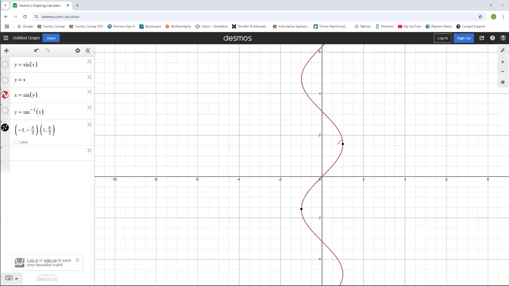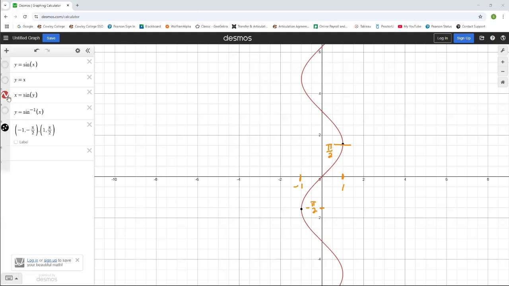So if I was able to just restrict the domain to go between -1 and 1, then my range would be restricted to negative pi over 2 and up here, positive pi over 2. Okay, so this is how we refer to the inverse function.